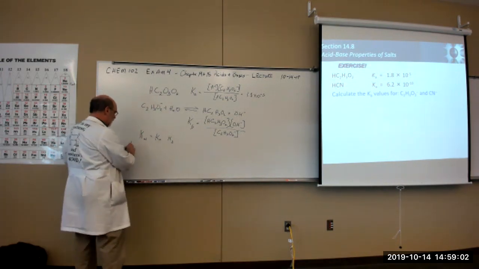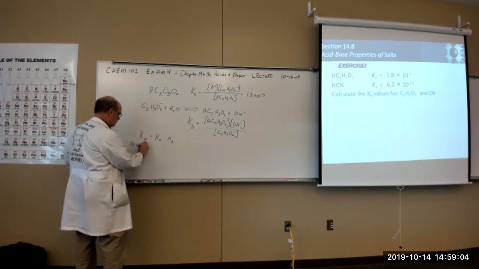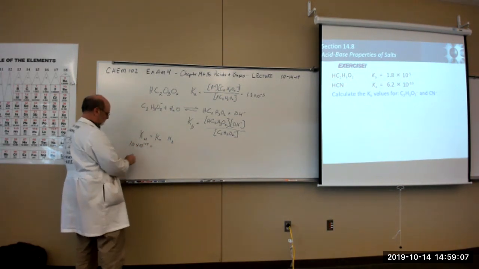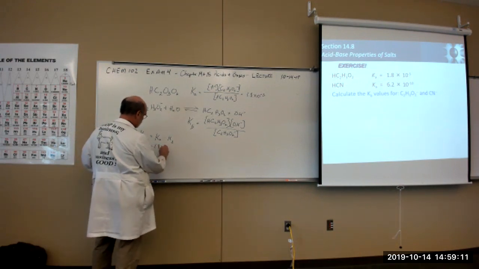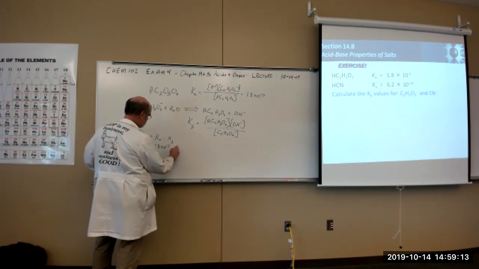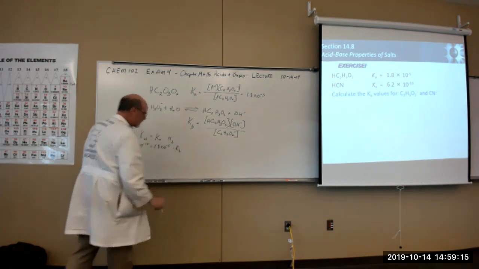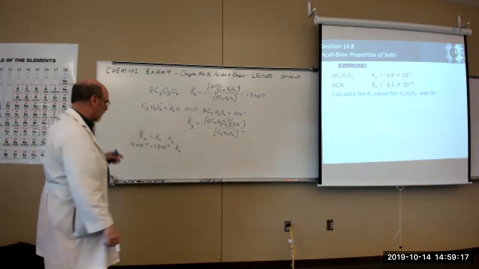And this one is always that one. So if Ka is this one, now we have an equation in one unknown, we can solve it.